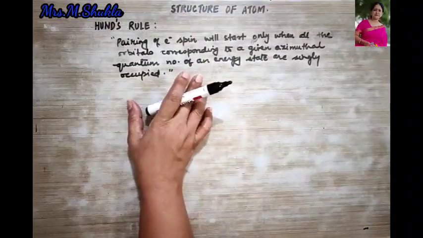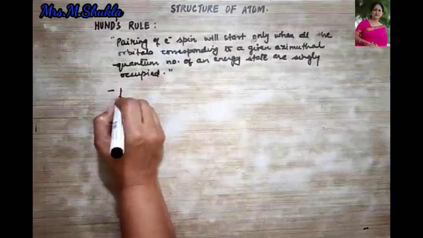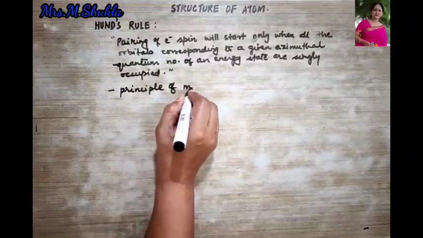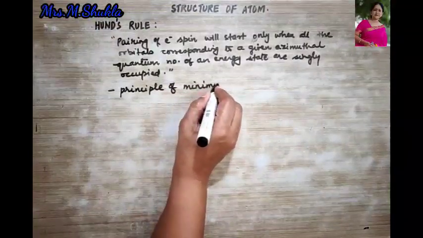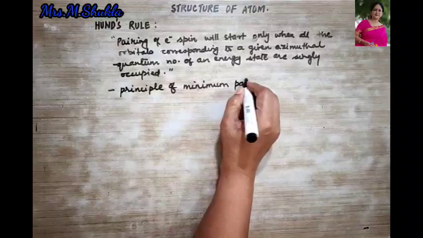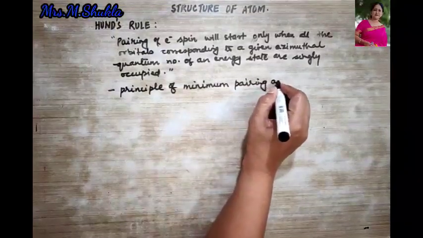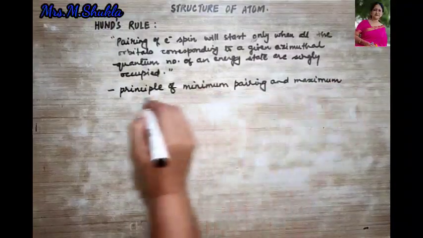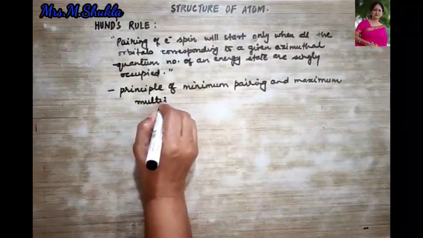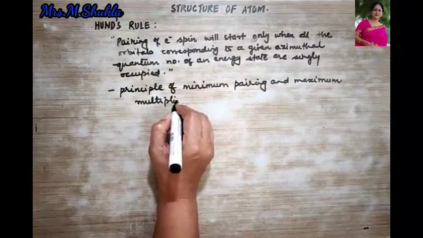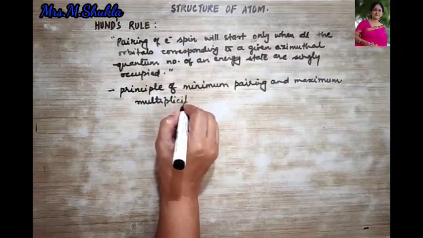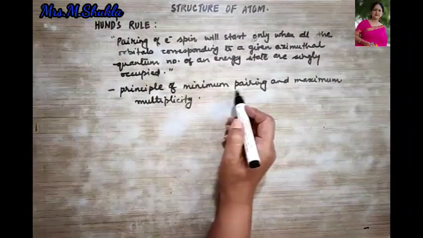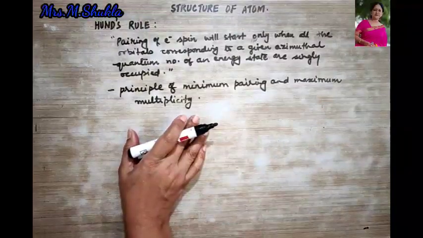So over here Hund's rule is also called the principle of minimum pairing and maximum multiplicity.